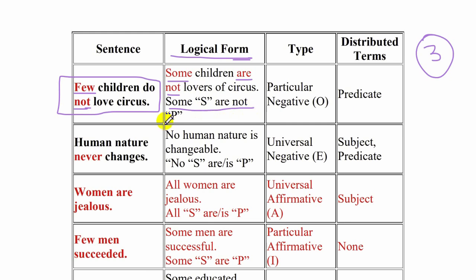This is the O proposition type. The standard logical format is, as we already studied, Some S are not P. In this, S is children, because it's the subject. Are not is the copula, and lovers of circus is the predicate.